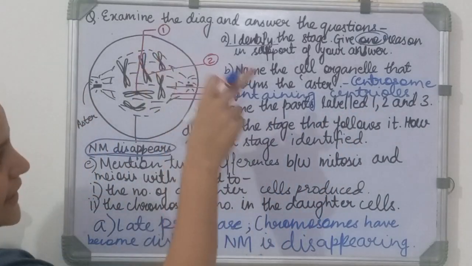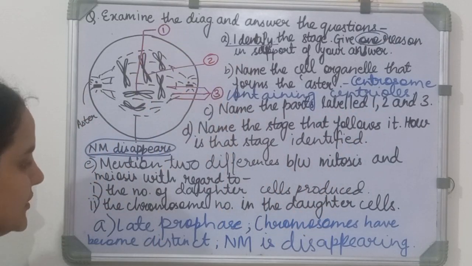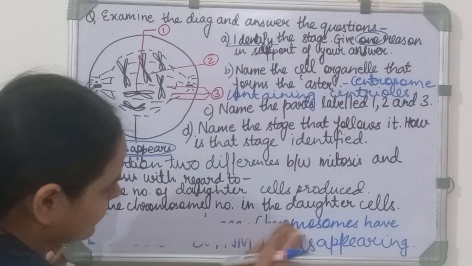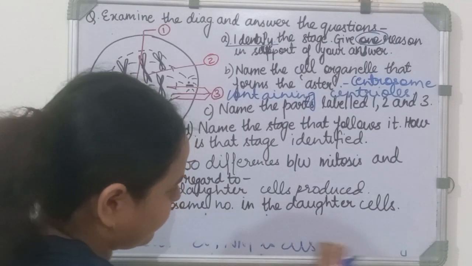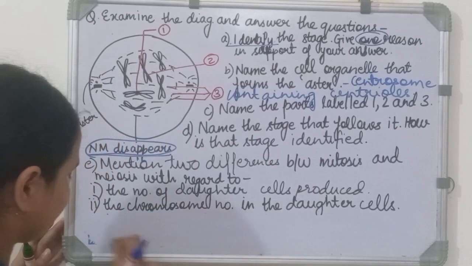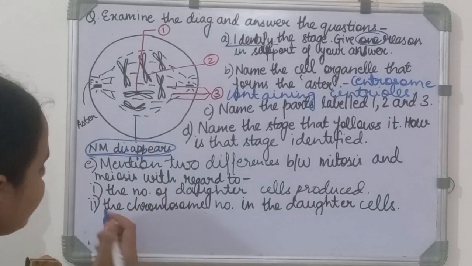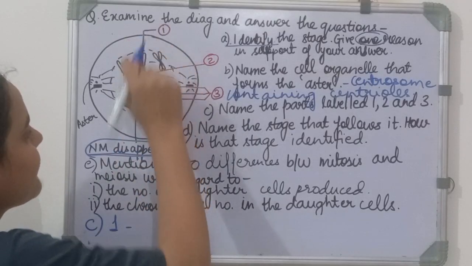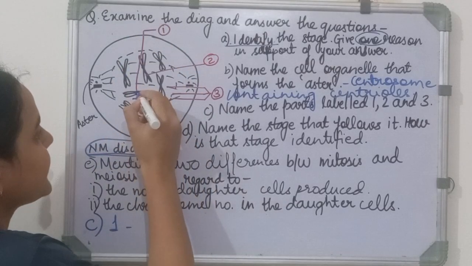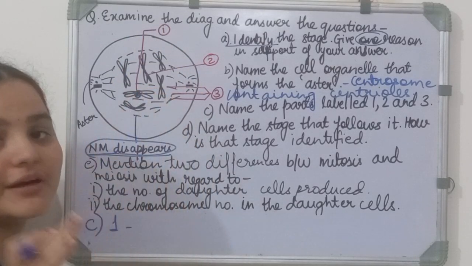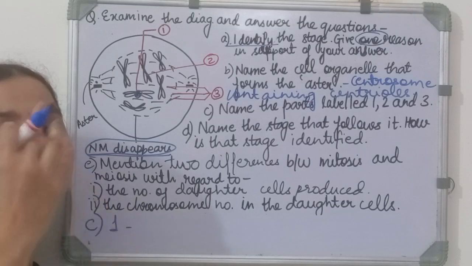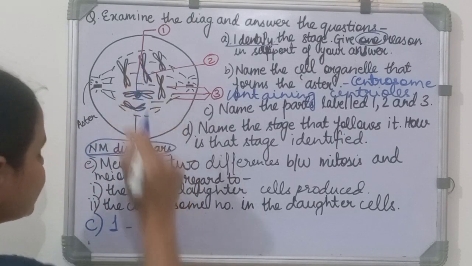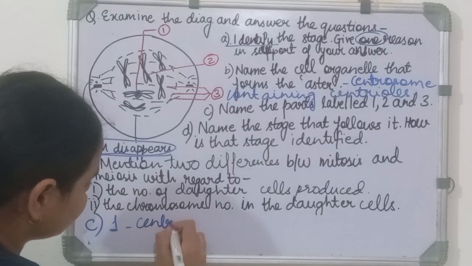We have to label the parts 1, 2 and 3. So I am erasing this answer. So part C. First, we can see that the first is pointing towards the centromere. The point of attachment of the two sister chromatids is called the centromere. So first is pointing towards centromere.